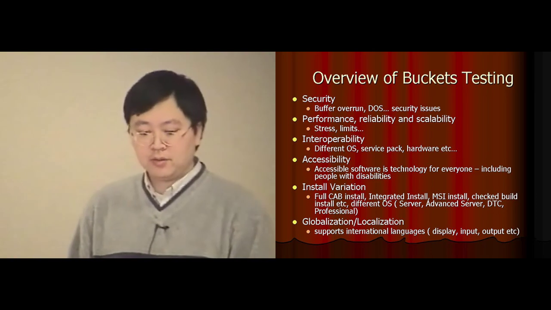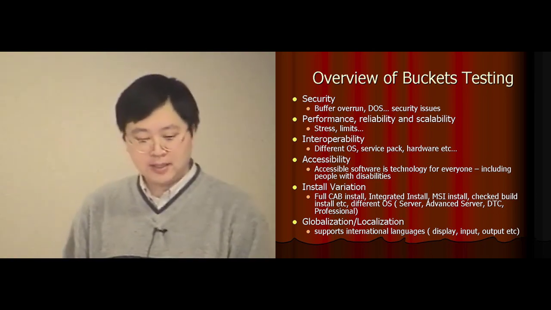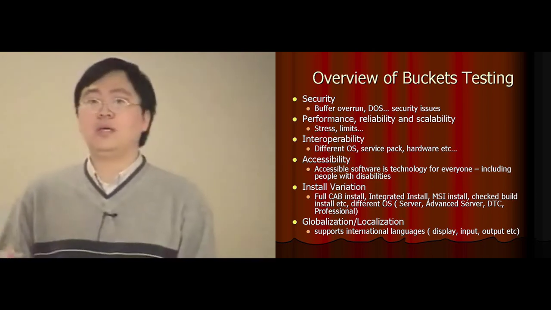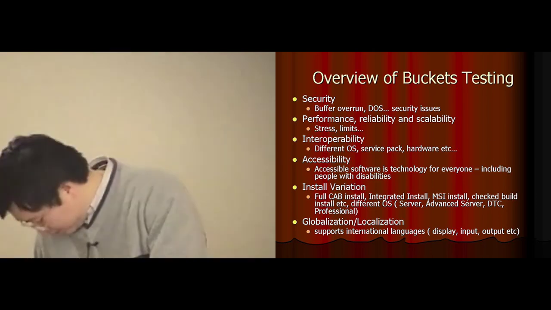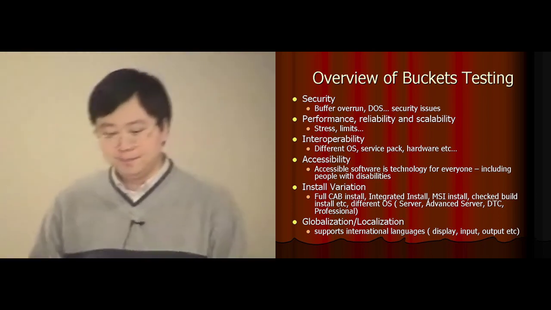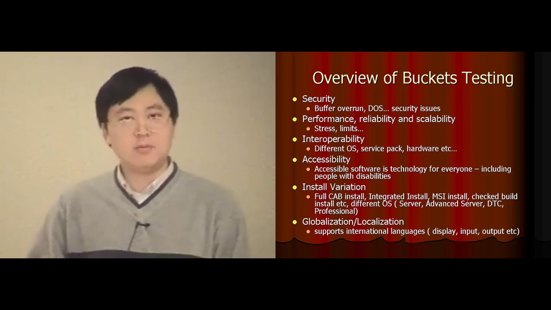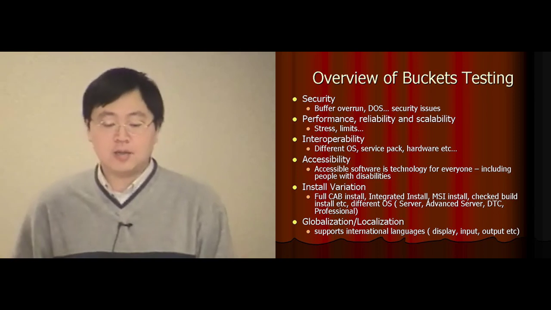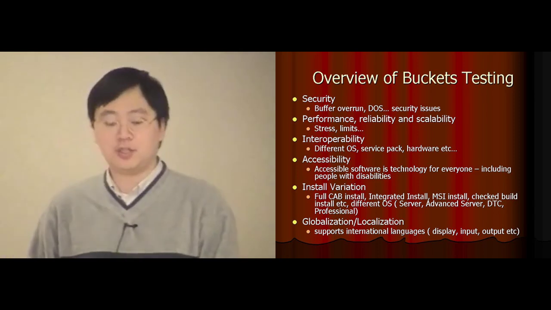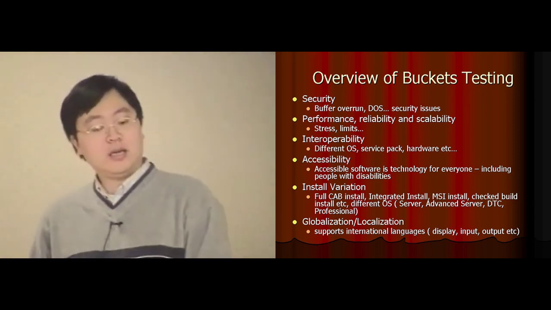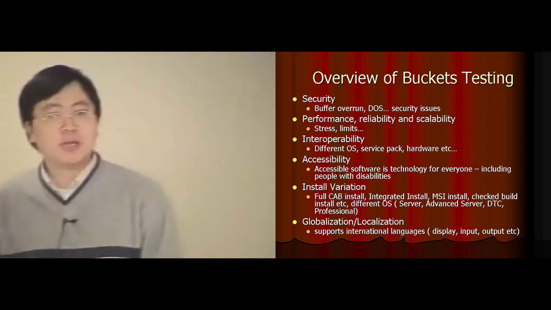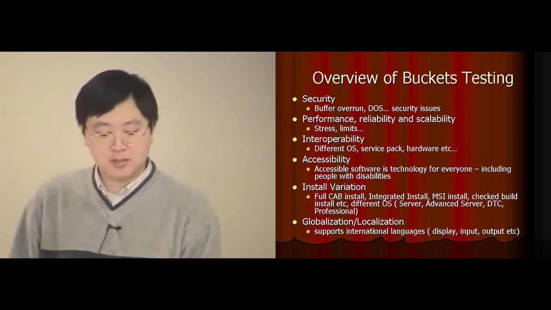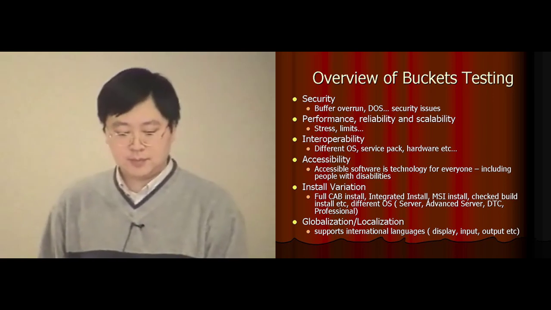We are also going to talk about accessibility testing. Accessibility means that even disabled people can still use the system. We also talk about install variations, like full cab installation, MSI installation, check build install, and on different OS.